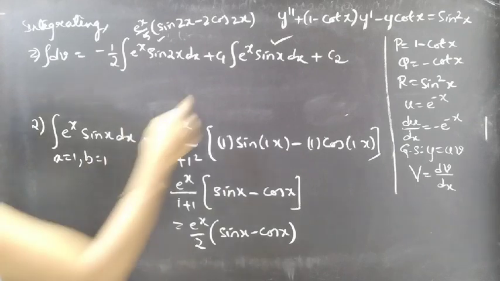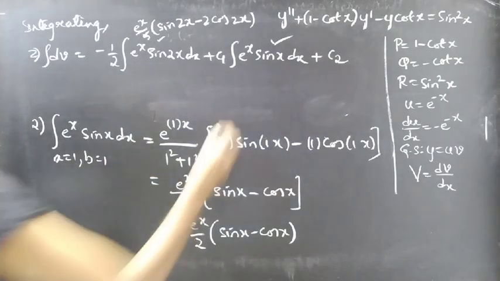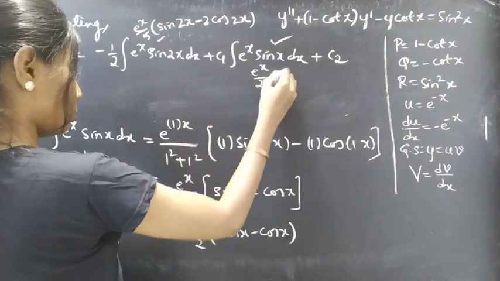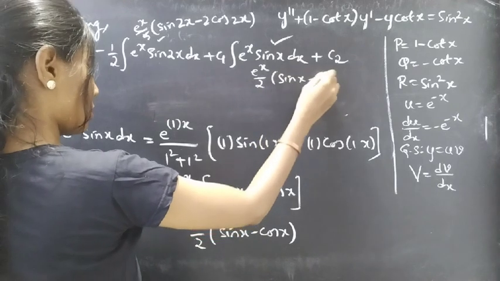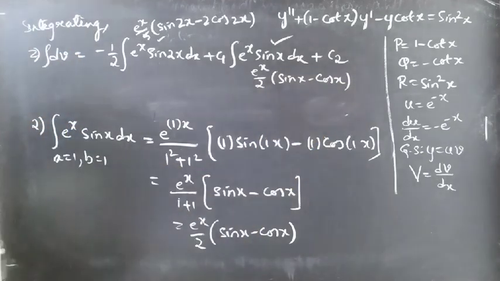So the result obtained for integral e power x sin x dx is e power x by 2 into sin x minus cos x.